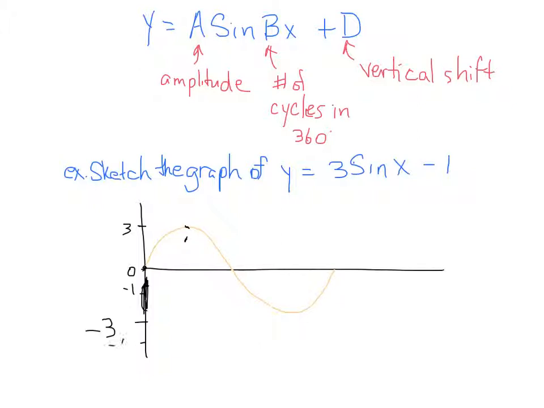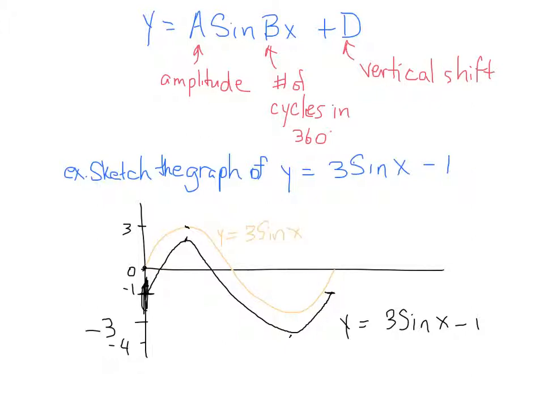Everything is 1 lower, so our low point is at -4. And the graph would then look like this. Again, it started here and it ends here on the same vertical line. So this is a graph of y equals 3 sine x minus 1, whereas this one was a graph of y equals 3 sine x.